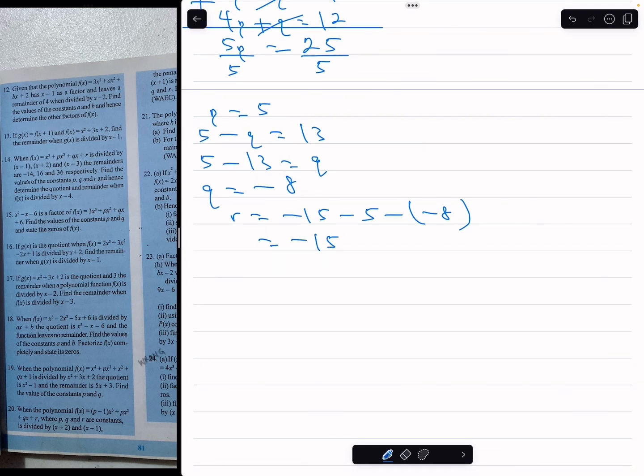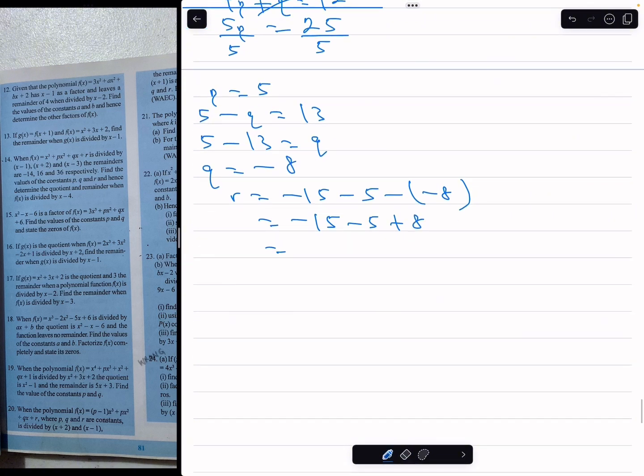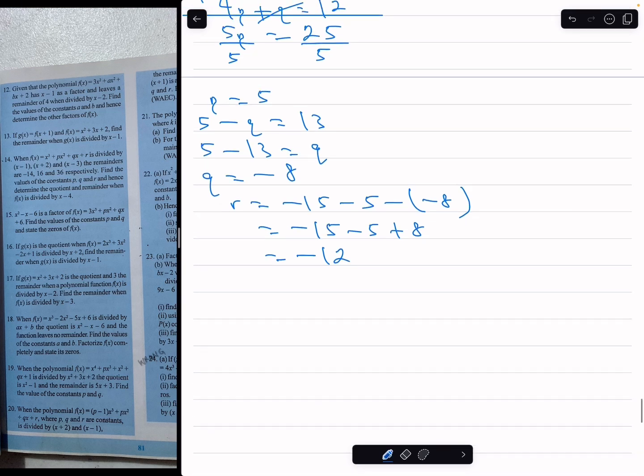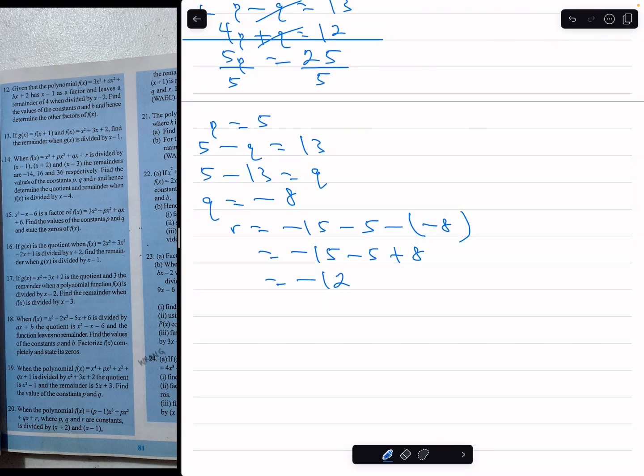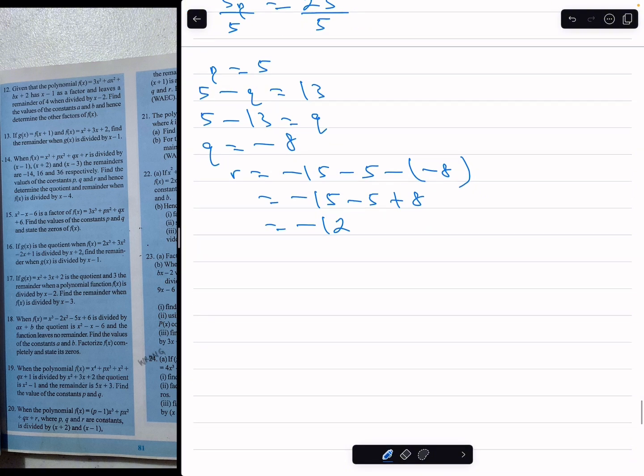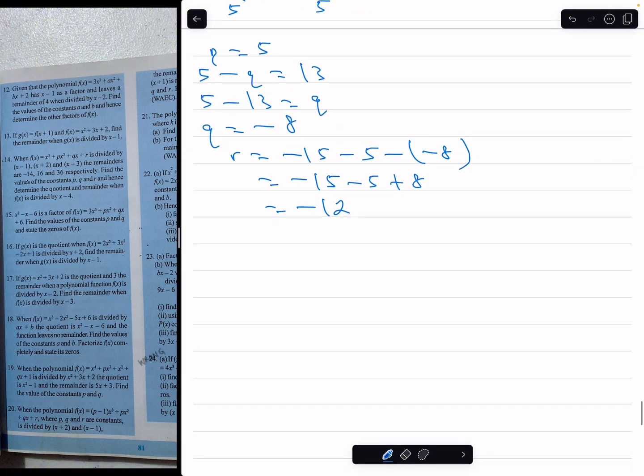And that will be minus 15 minus 5 plus 8, which is minus 20 plus 8, that's minus 12. So that means p is equal to 5, q is equal to minus 8, and r is equal to minus 12.